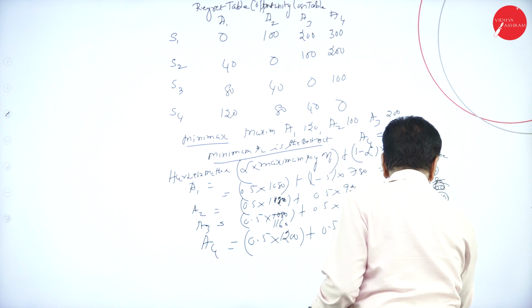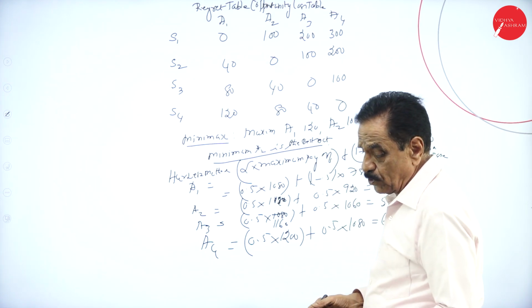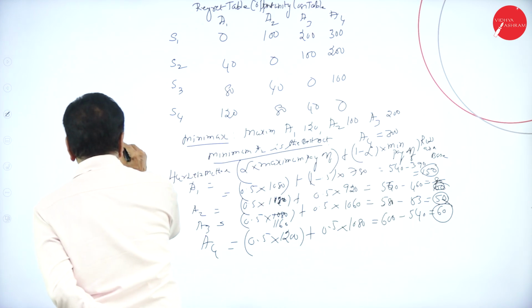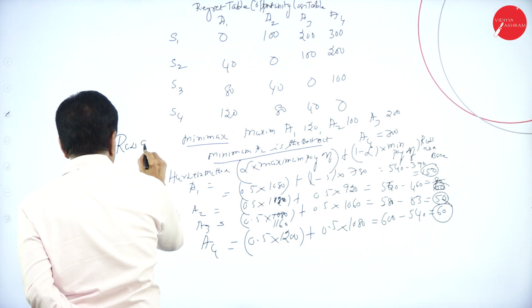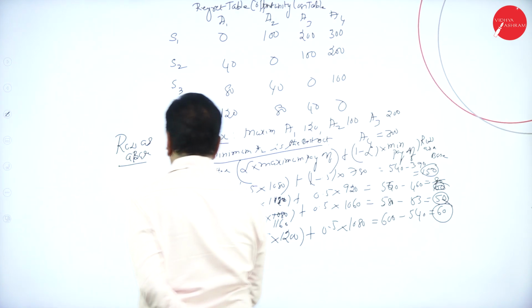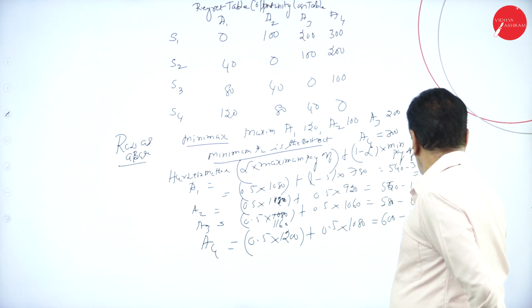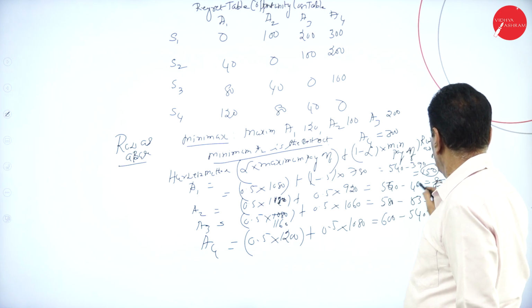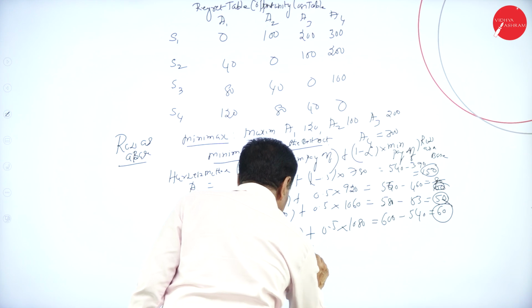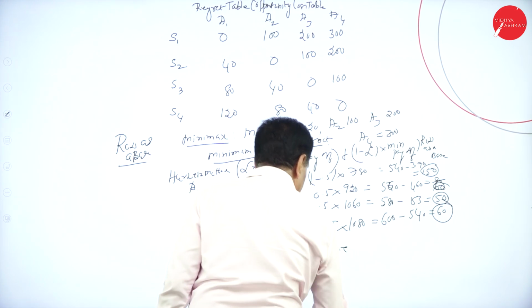That comes to 60. So I took the row as a base. We can take column also as a base. So highest is 150. A1 is the best act.